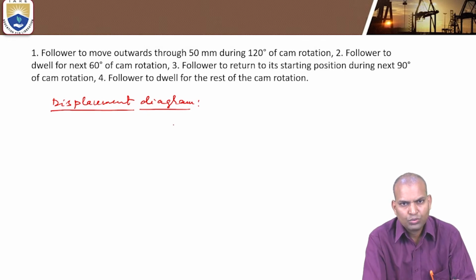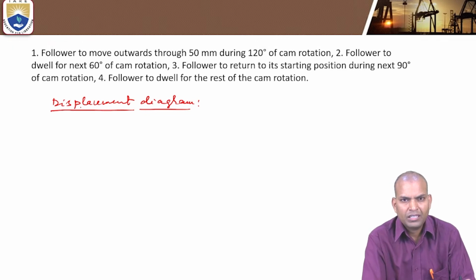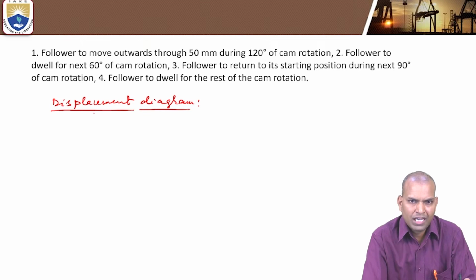Then passing through those location points, in the case of a knife edge follower, we draw directly joining those locations, whereas in the case of a roller follower, we draw rollers on the locations of the tracing points. The path or the surface touching the rollers, drawing the curve, that curve is known as a cam profile in the case of a roller follower.